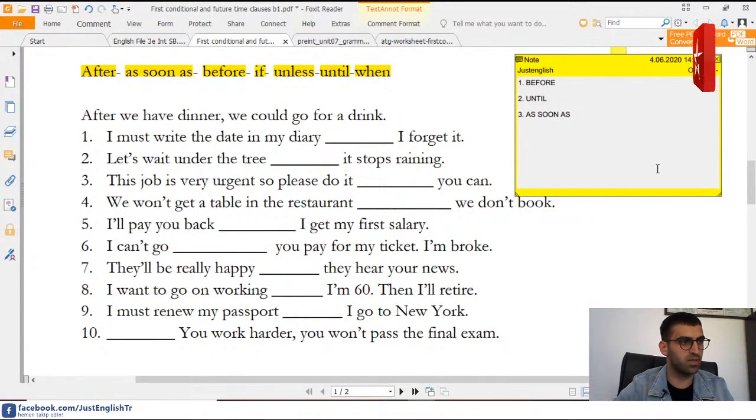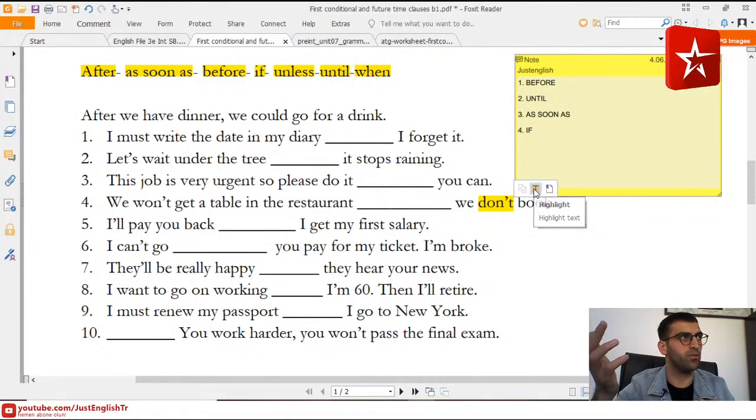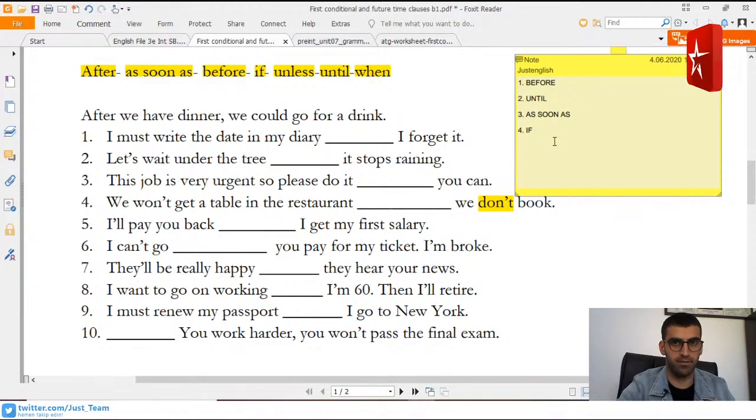Yes, the correct answer is if. But Azime says number 4 is unless. No, Azime, it's not a correct answer. Why? Because we have already had a negative here. Unless has a negative meaning, so we can't use unless with a negative. So the correct answer is if.